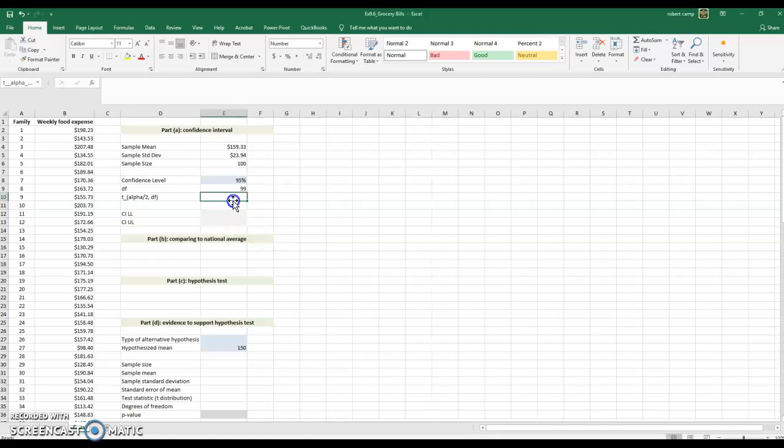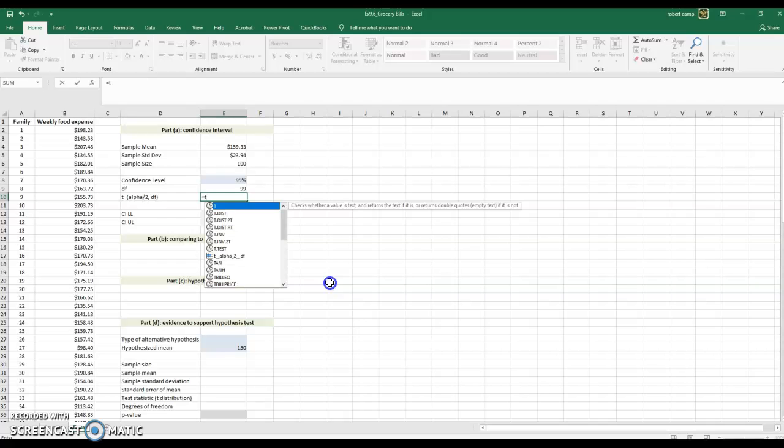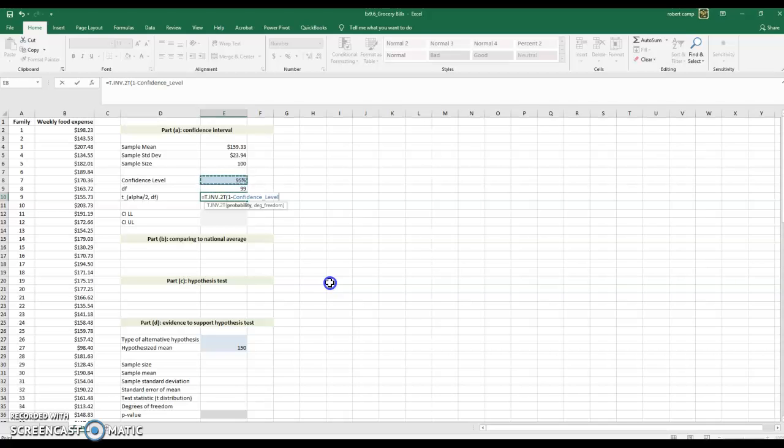And so we're going to be doing this using our T.INV equation. Now typically we've used T.INV to get the left-tailed response, but we're doing a two-tailed because we want to know what's going on both sides. So we're going to do our two-tail. The probability is 1 minus the confidence interval, and so that is going to give us 5%.